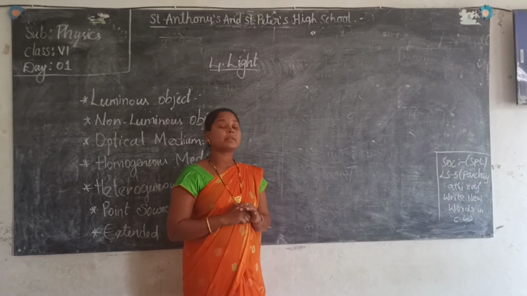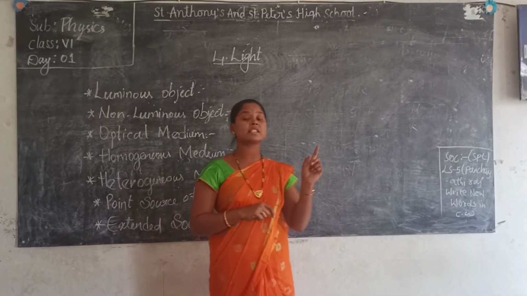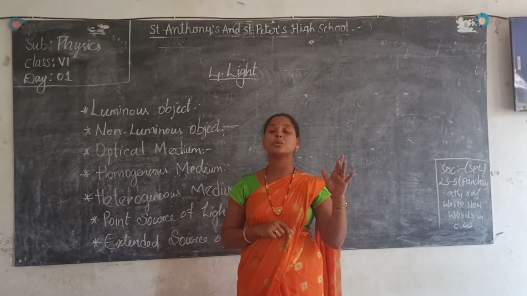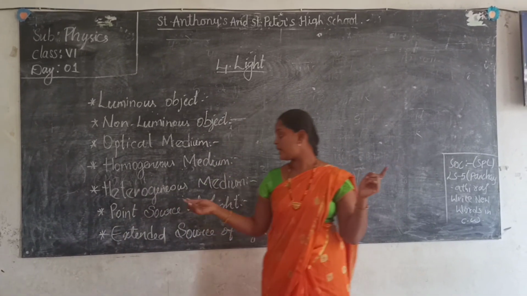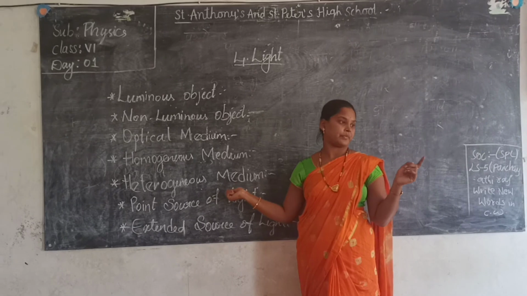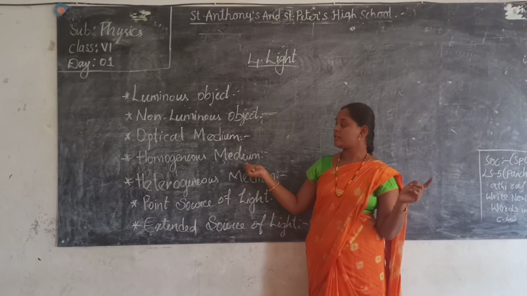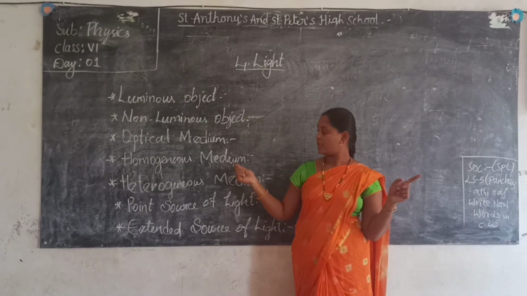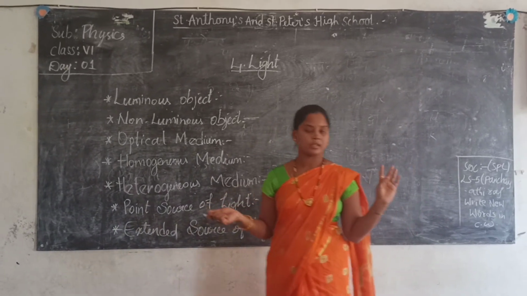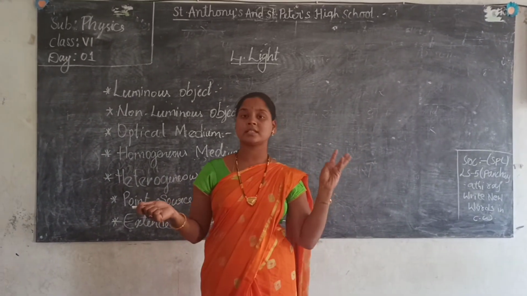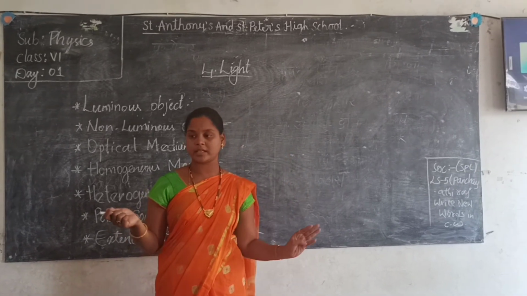Next, translucent: the objects which allow light to pass through them partially, just like a heterogeneous medium. Homogeneous comes under transparent. Heterogeneous comes under translucent. Understood now? Homogeneous, heterogeneous, transparent, translucent, opaque.